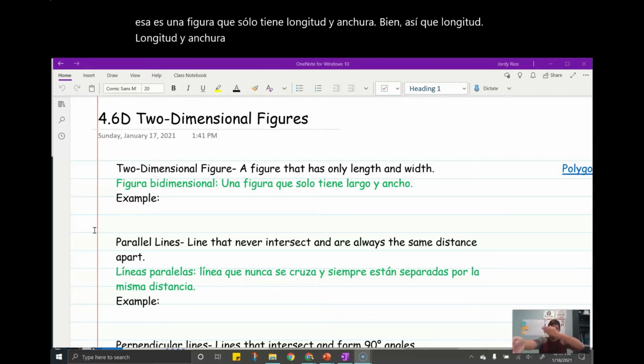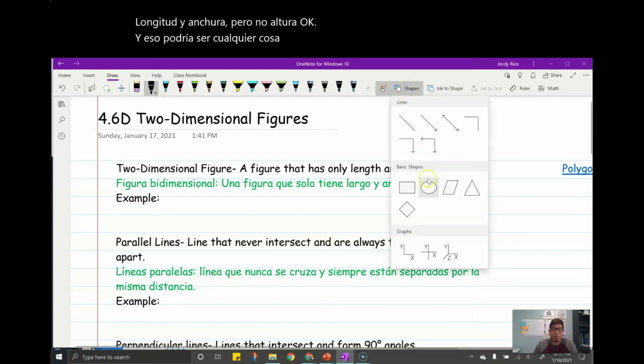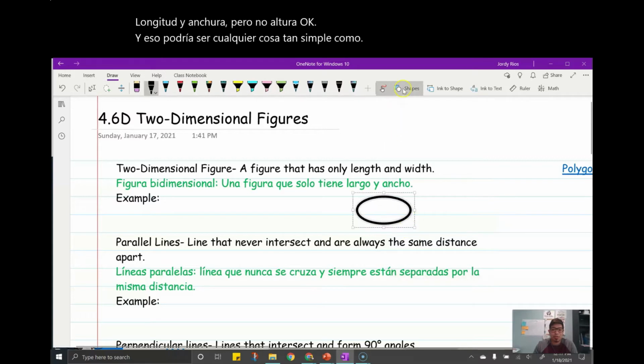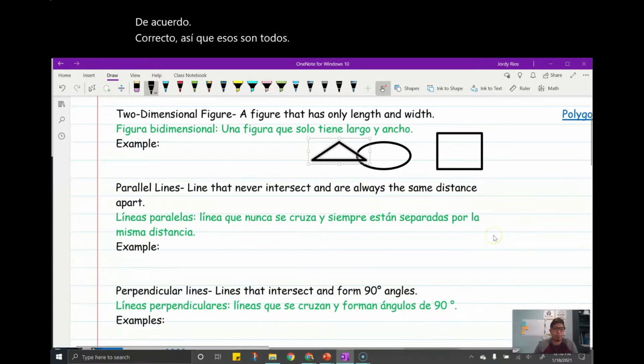That could be anything as simple as a square, a rectangle, a triangle. Those are all two-dimensional figures.